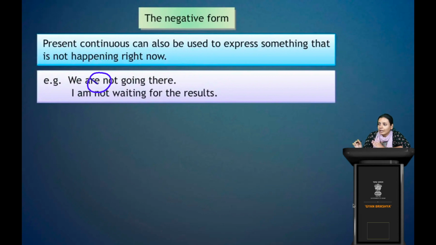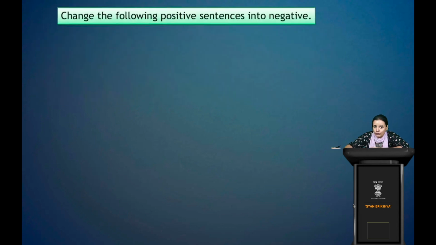This doesn't change the form. The form remains constant. The word not changes the meaning, that they are not going there, right? But it doesn't make any difference to the form. It's still in the form of present continuous tense only.